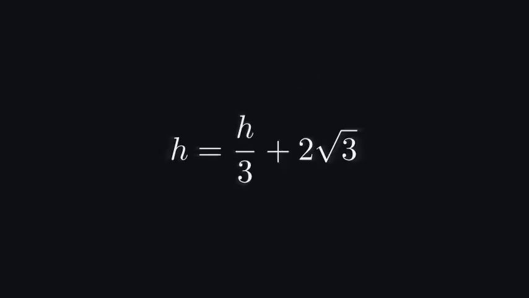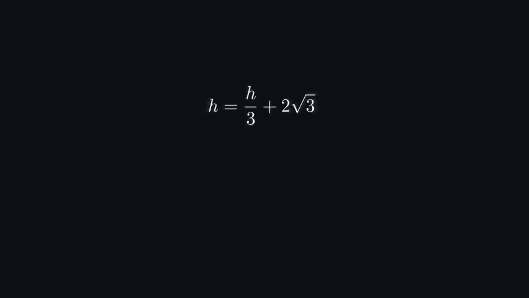Now solve for h. To remove the fraction, multiply through by 3. Then collect the h terms on one side and divide by 2. h equals h over 3 plus 2 the square root of 3.